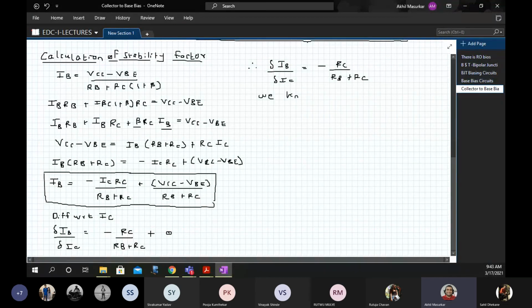And we know that the formula for stability is what? S is equal to 1 plus beta upon 1 minus beta into delta IB upon delta IC. So S will be 1 plus beta upon 1 minus, minus will become plus, so that will be plus beta RC upon RB plus RC.